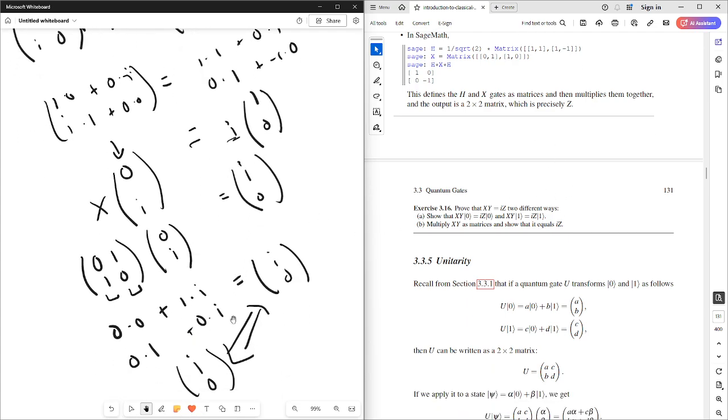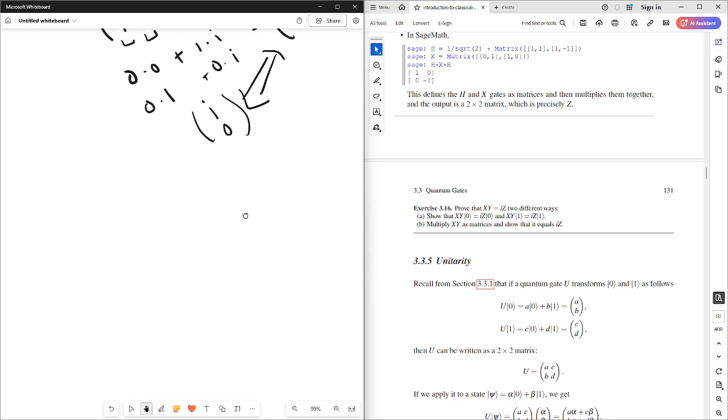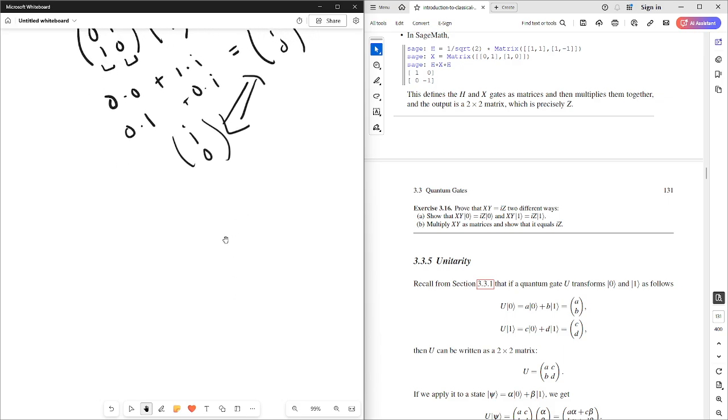And we can also simply show that the multiplication of the X and Y matrices equals the I and Z. So we've got 0, 1, 1, 0 multiplied by 0, negative I, I, 0.